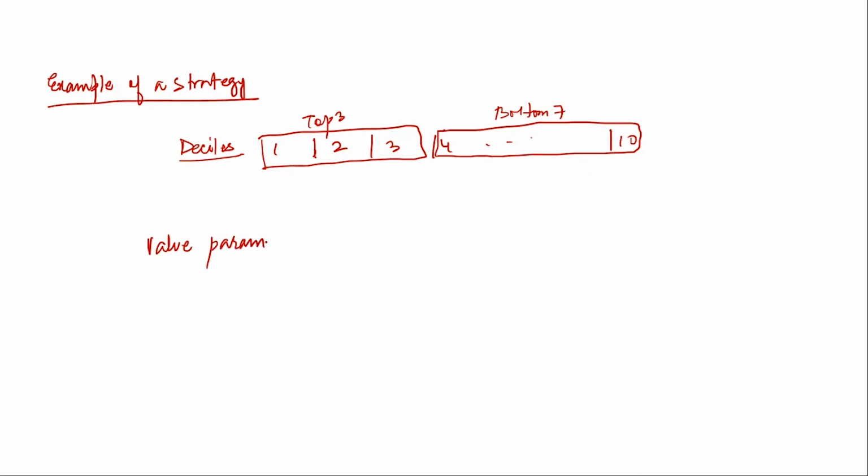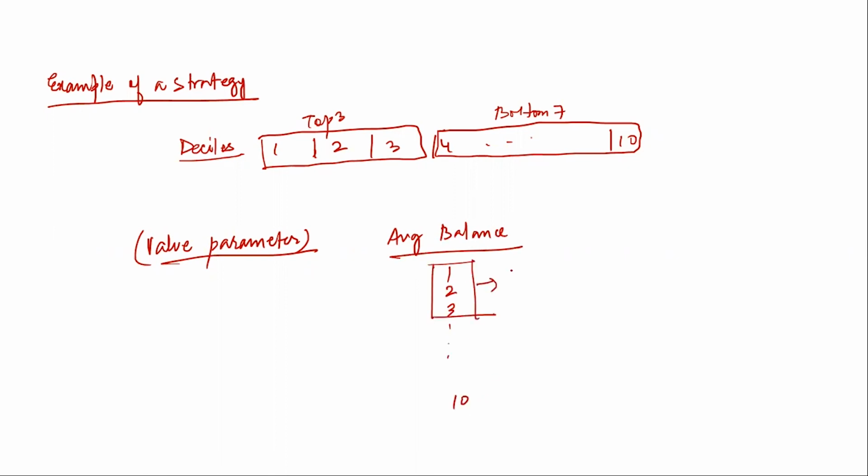What is a valuable parameter for a bank? A valuable customer can be a customer who has a high average balance, right? So we can take, say, average balance. There also create 1, 2, 3, up to 10. So there I can create groups like a high average balance group, a medium, and something like a low.